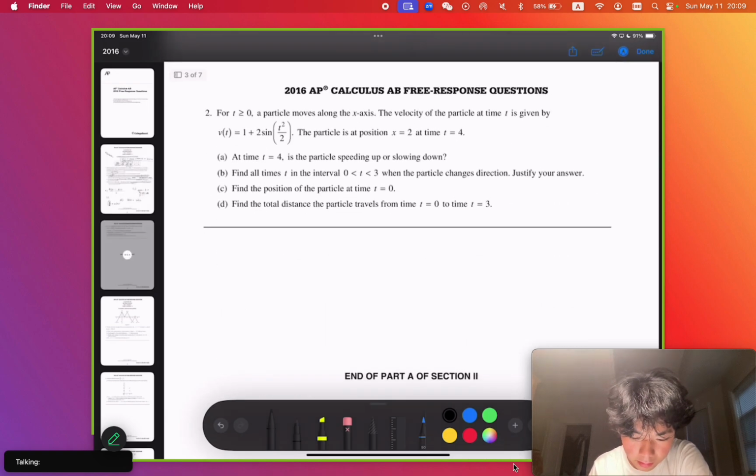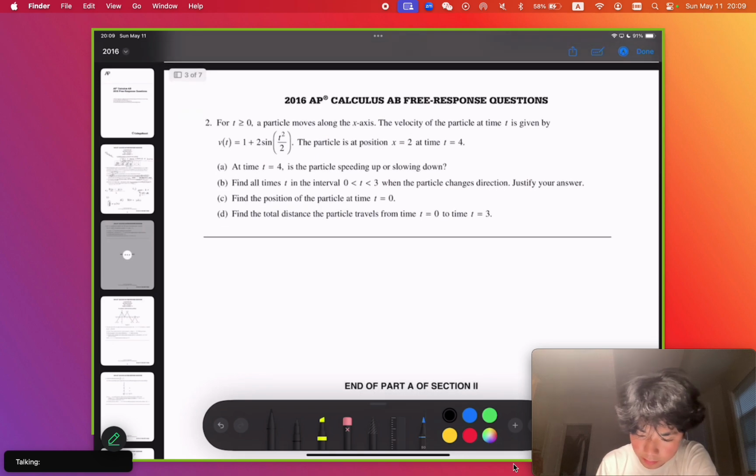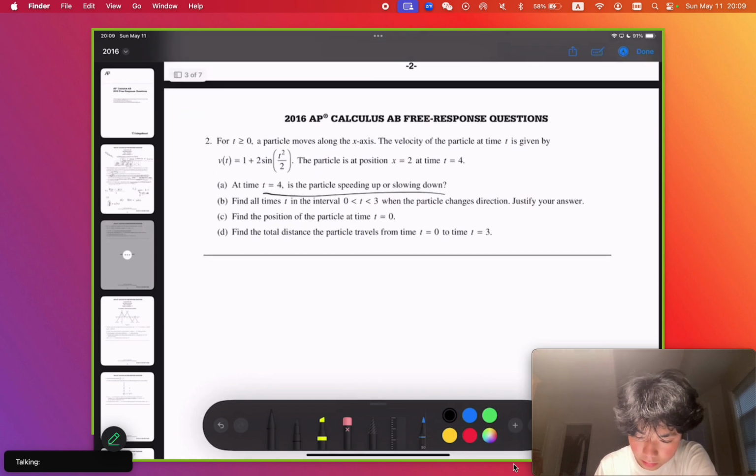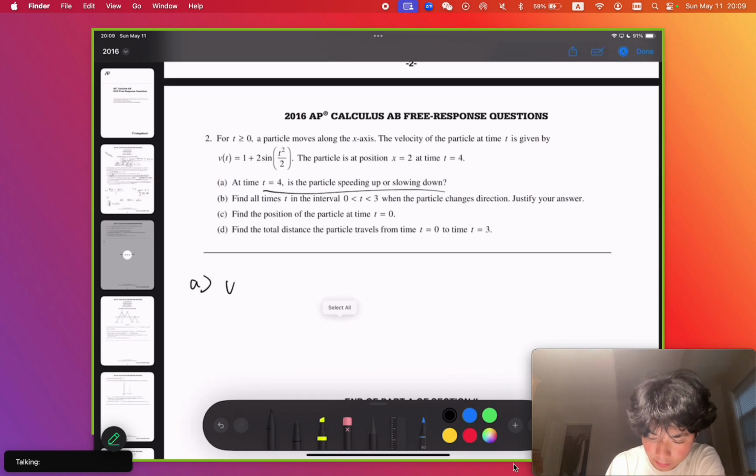Okay, so for t larger than 0, a particle moves on the x-axis. The velocity is this. Is it speeding up or slowing down? To know that, you want to see if the acceleration has the same direction as the velocity. So first you take the derivative of velocity.